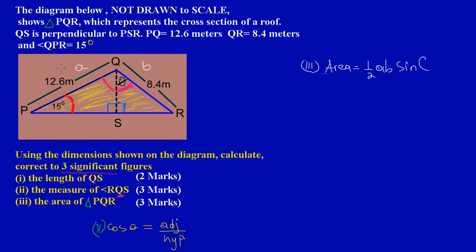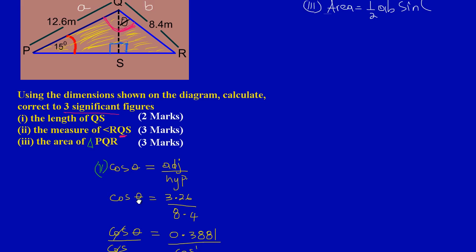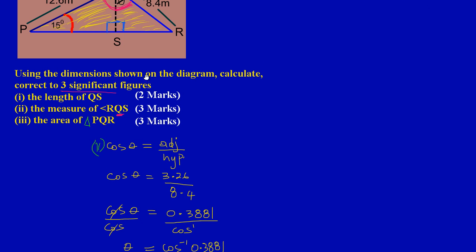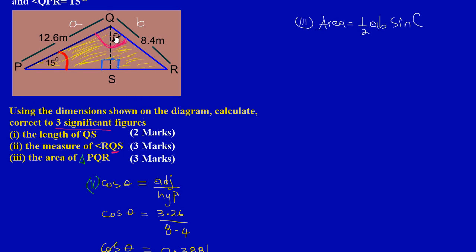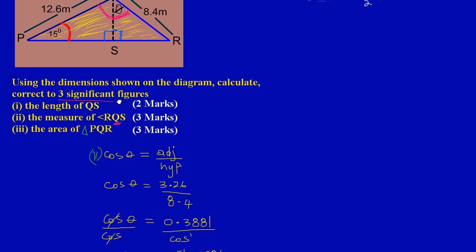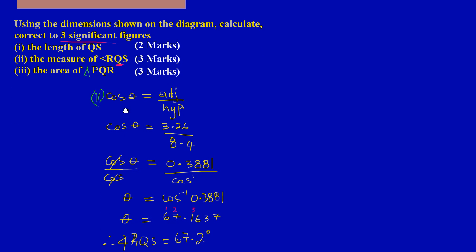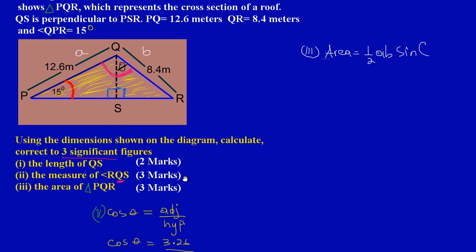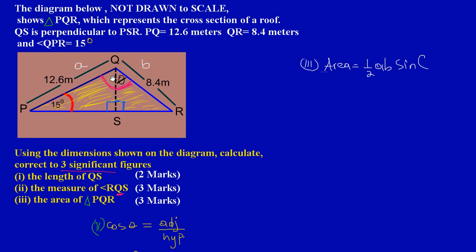Earlier we had calculated theta, this angle here, and we said that theta was equal to 67.2 degrees. If we have this angle and we can find this one, then it's easy to just sum these two up to get the total angle here. So now let's move into it quickly.